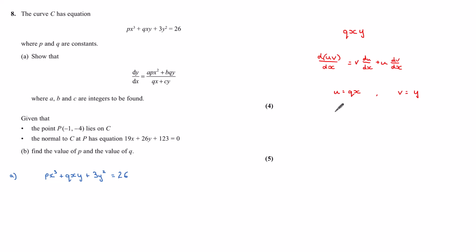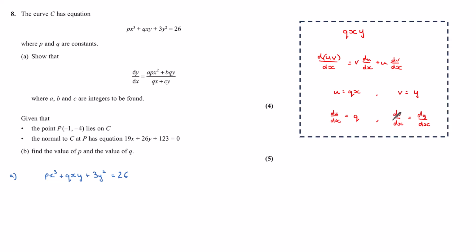It's up to you. If I differentiate u with respect to x, I get q, and differentiating v with respect to x, I get dy by dx. So when I do the product rule, v times du, I get qy plus qx dy by dx. You do not need to write all of this, but those of you who wish to see where my step comes from, this is where I'm getting it.